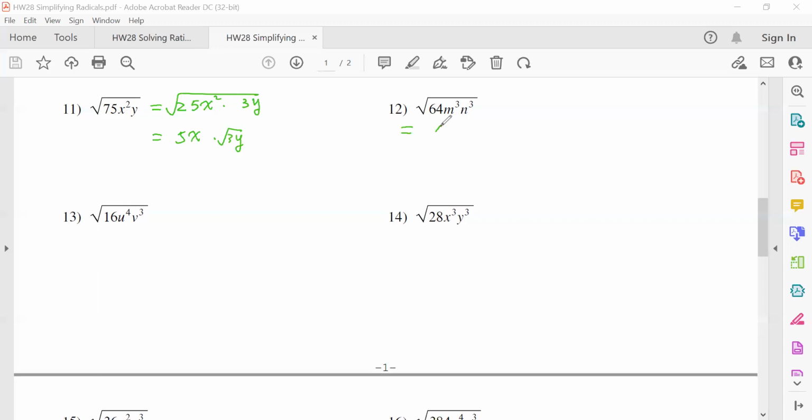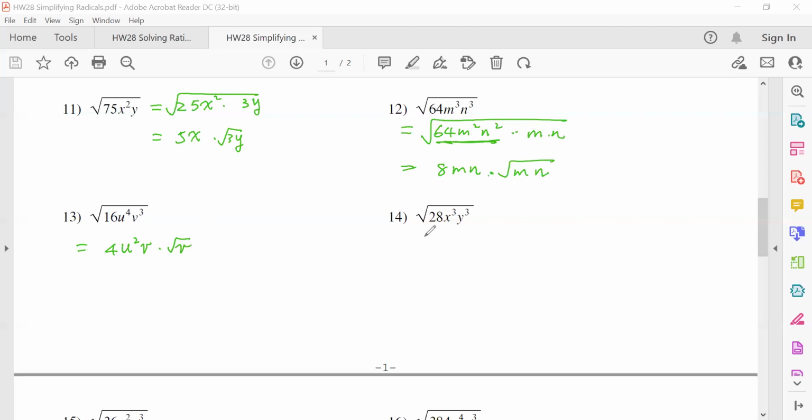So here is 64m squared, n squared, and rest is mn square root of them. So this part actually can break it down, it becomes 8mn, right? And the square root times mn. So I just need to directly write the answers for you first.